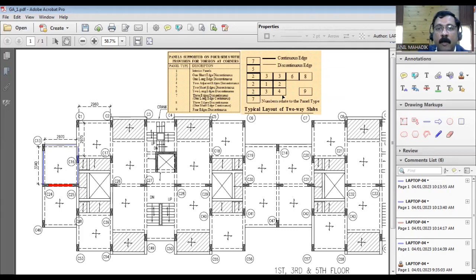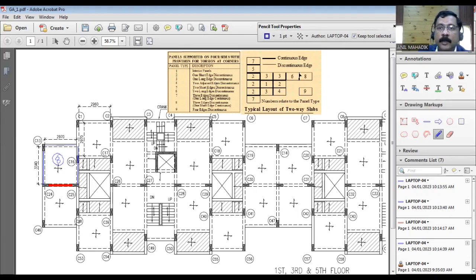If you look here, only one short edge is continuous, and all other 3 edges are discontinuous. So case number 8.